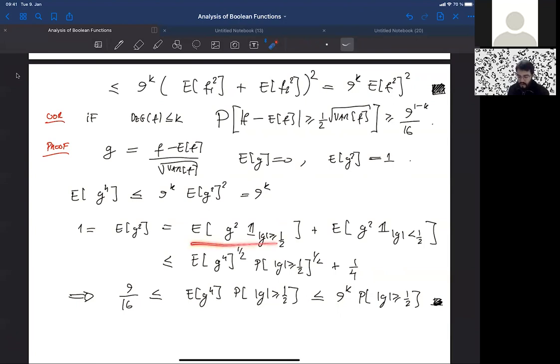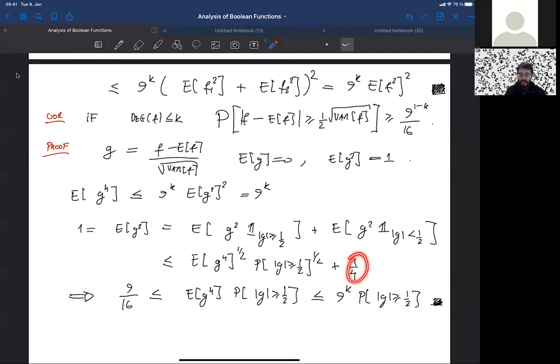So this is sometimes called the second moment method. If you consider G squared as a function, and you want to bound that expectation, what you do is this level set decomposition sum, and then in one part you apply some Holder inequality, and you have the probability of G being large, and then the other part is just brutally bound by whatever you have.